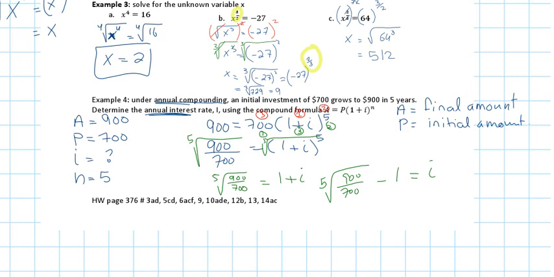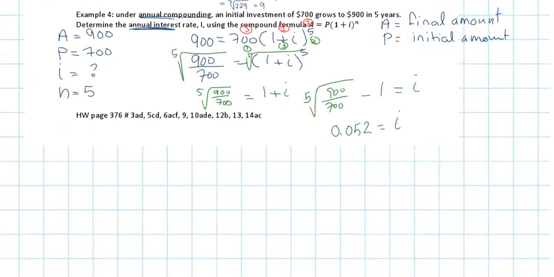0.05 something? Yeah, 0.051. Okay, so it's going to be 0.0515, sorry, 0.052, right? Okay, so how many percent is that? Because I is the rate in percentage. What do I do to find the percentage?